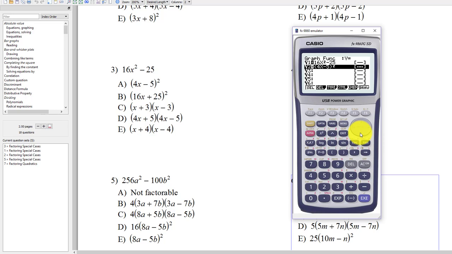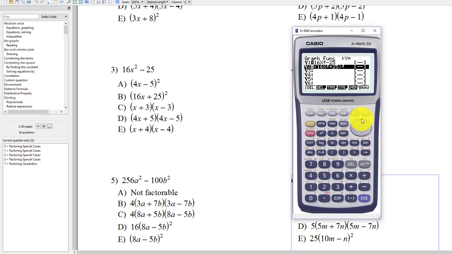Let's say 16x squared plus 25. And then try it again. So this one doesn't match the given question. So the correct answer here was, what's the correct answer? D, right?